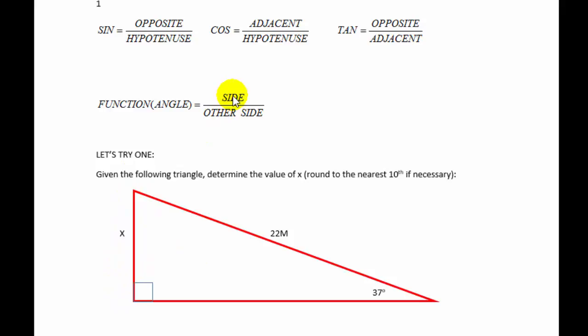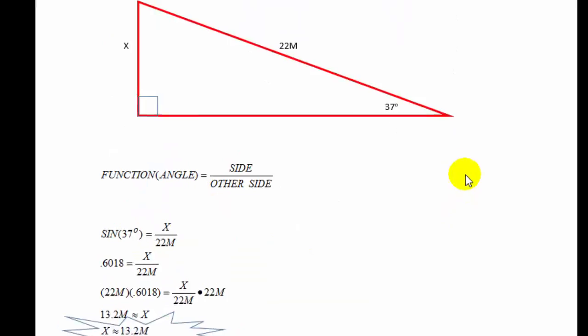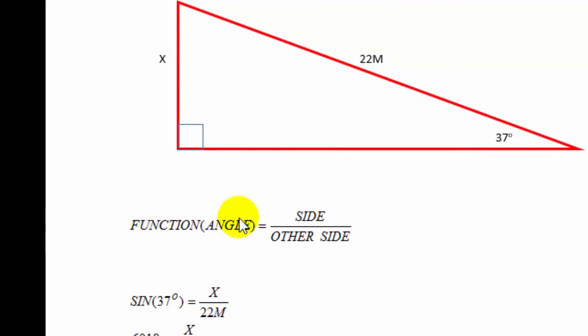That's what we're trying to find. The other side in the denominator is the hypotenuse. And we know the hypotenuse is 22 meters. So we're going to set it up like this: the function of the angle, sine of 37, equals side divided by other side, x divided by 22 meters.